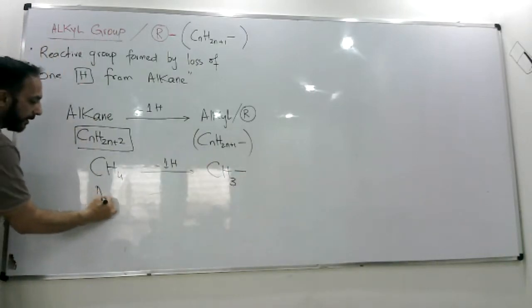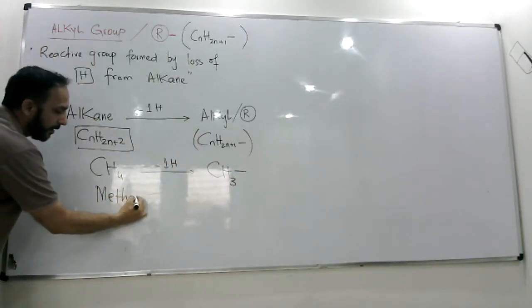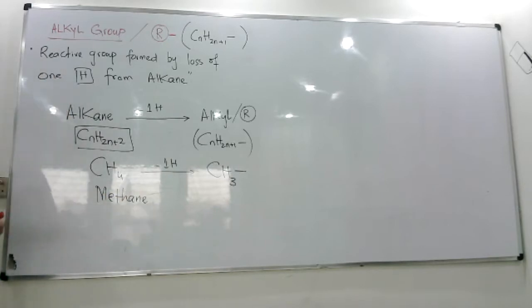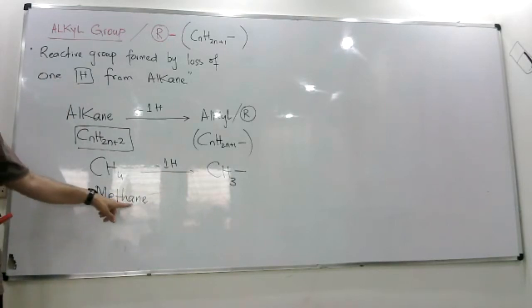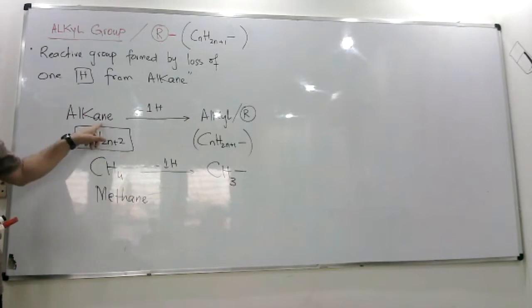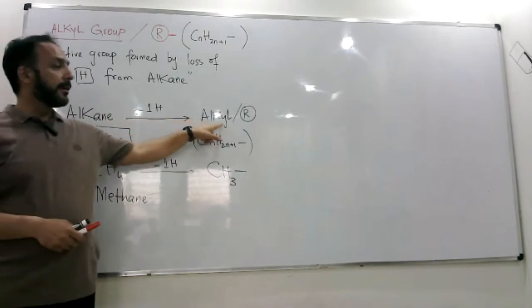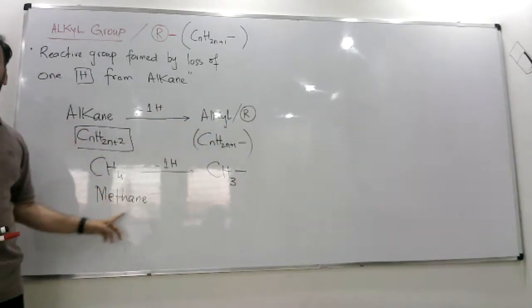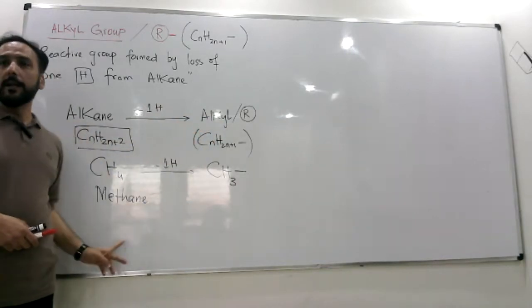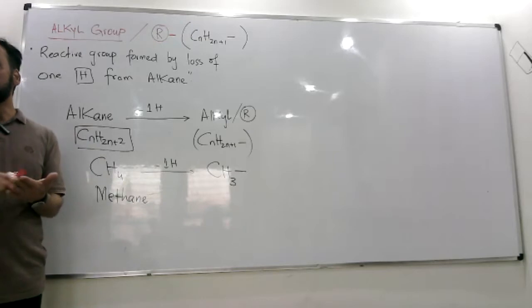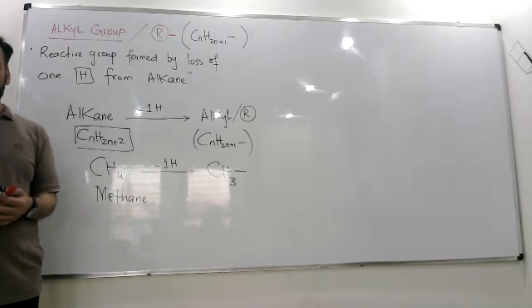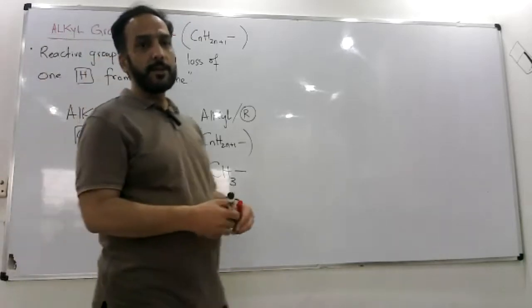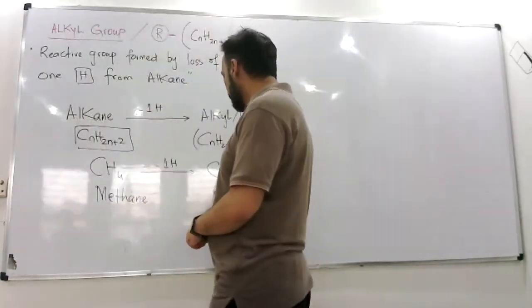This is methane. Alkane becomes alkyl. So methane becomes methyl: remove ANE and put YL. So CH3 is called methyl.